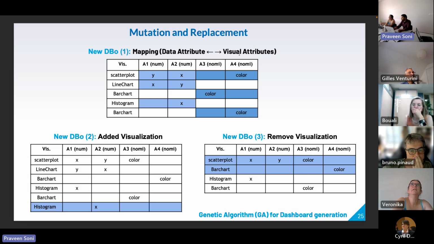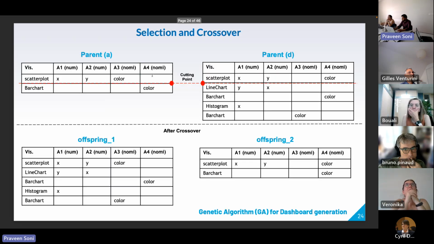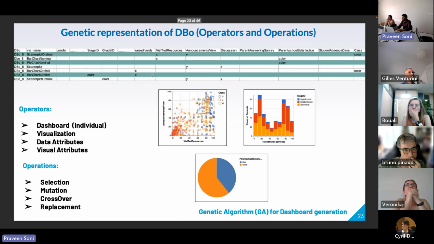So in the tuple you have things of different kinds, different types, and then you mix them. Yeah. Can you go to the slide before? This one, yeah. The table upstairs is a kind of chromosome, so it's a dashboard.